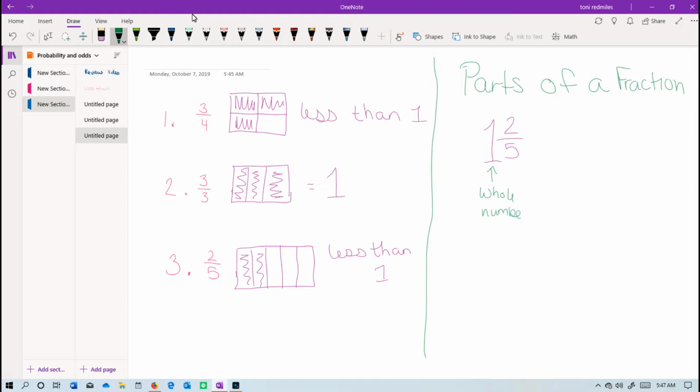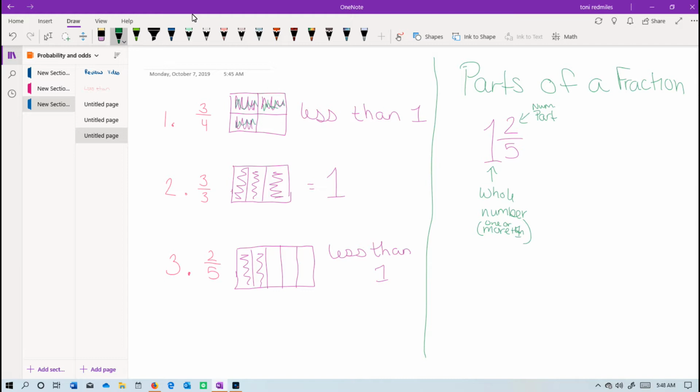This is the part that is more than 1, it's 1 or more. This is what we call the numerator. It's a long word. We also call this the part. It's the part that I shade in, just like in all of these. The number on top told me how many to model that were shaded.